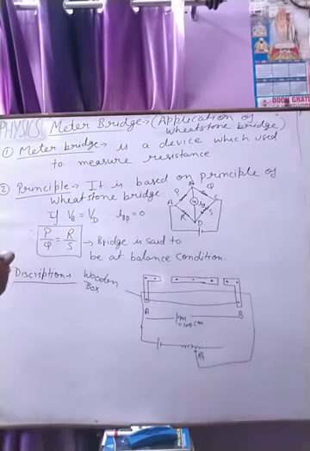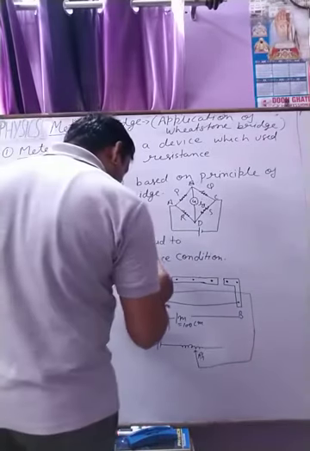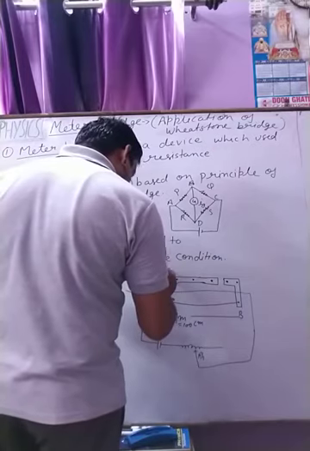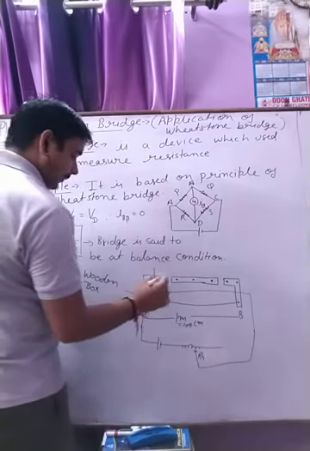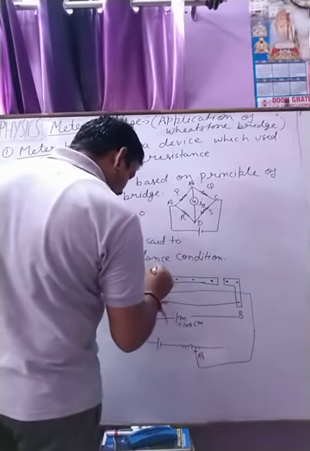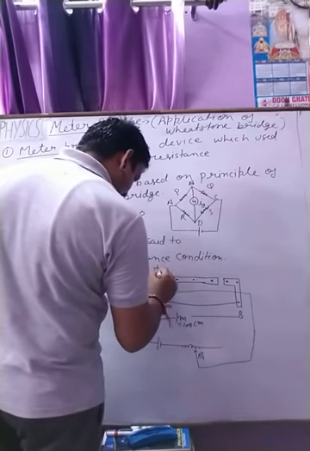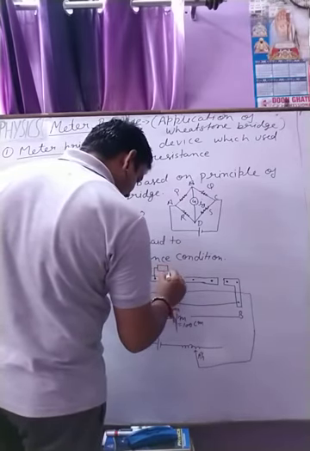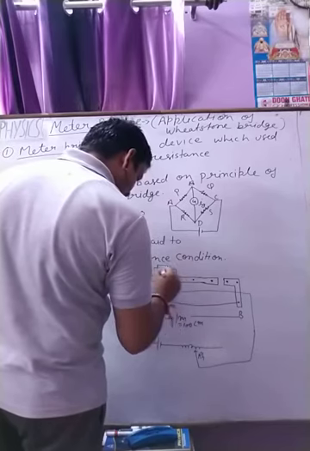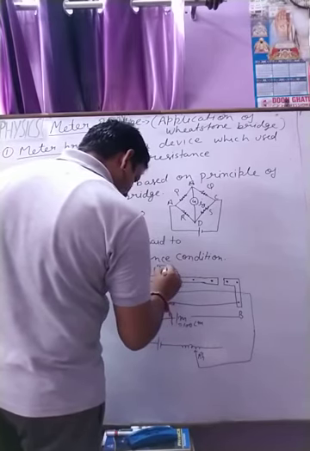And a rheostat is also connected. In one gap we connect the resistance box, which provides the known value of resistance.